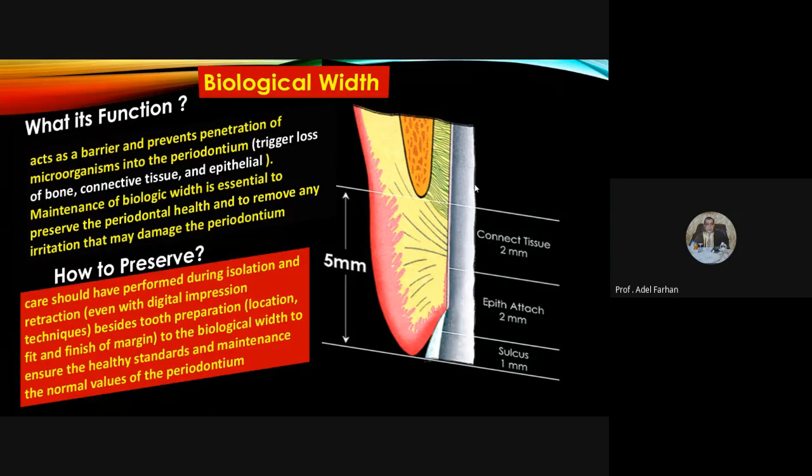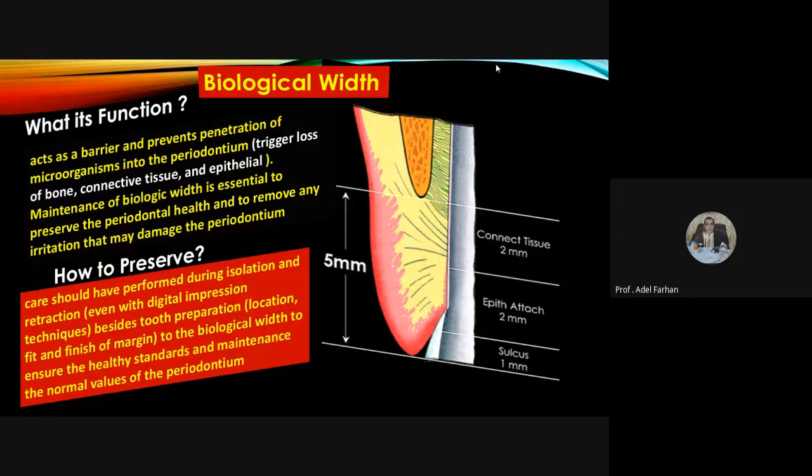Because any defect you make affects this barrier, so the microorganisms can go through and cause inflammation to the area.